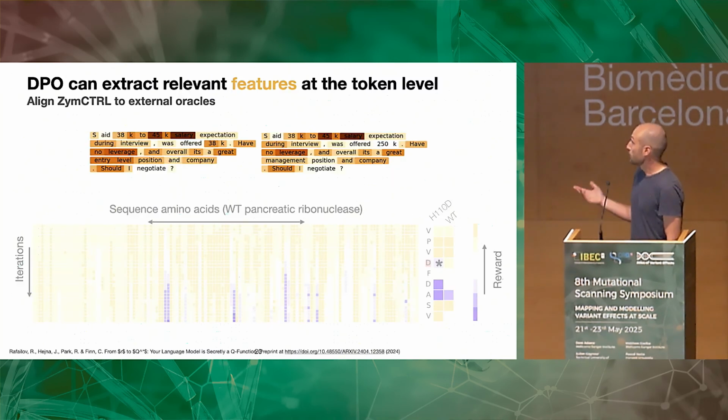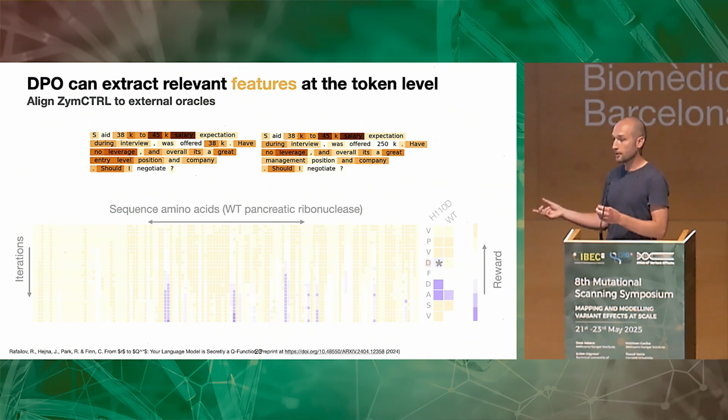This intuition was made in a paper from Rafael, where they studied the possibility of retrieving an intrinsic reward after applying DPO, which is quite surprising because DPO takes as input a sequence and a reward, and doesn't have awareness of the token per se.